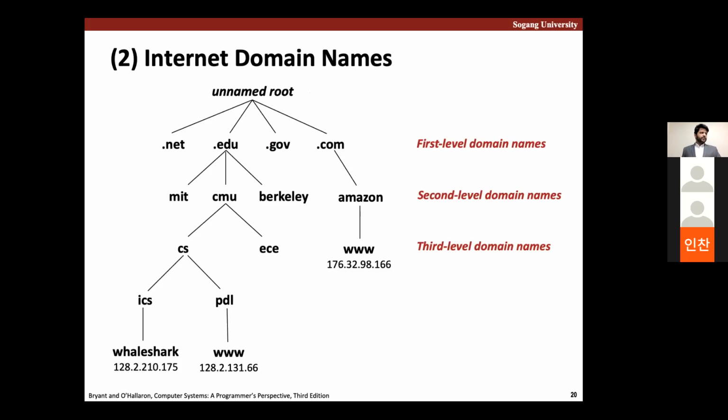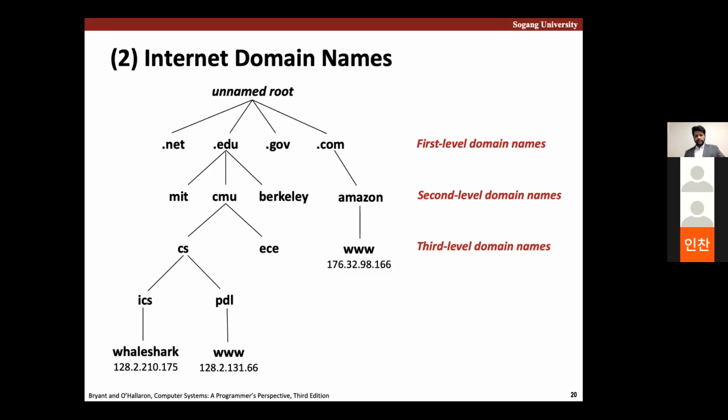Okay, internet domain names. We have been moving up in the hierarchy, and now we have reached the internet domain name. This hierarchy is represented as a tree, and the nodes of the tree represent domain names that are formed by the path back to the root, which is the top of the hierarchy.